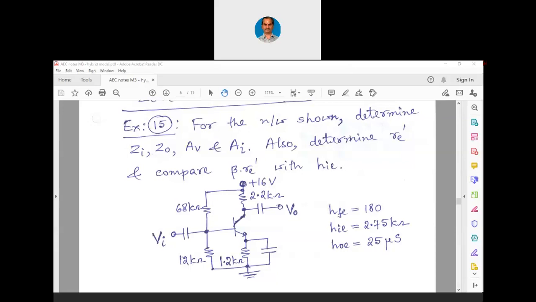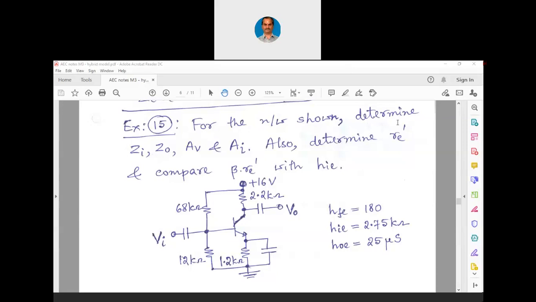Zi is 2.166 kilo ohms. Okay, 68 kilo ohms in parallel with 12 kilo ohms in parallel with 2.75 kilo ohms. Okay, let me verify the answer. I feel it is correct only. Let me show you the correct answer later on. So Zi is 2.17 kilo ohms.